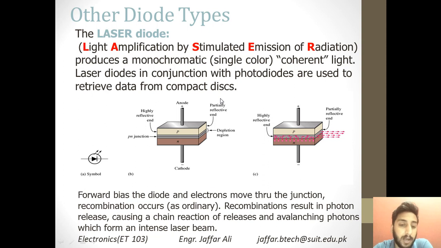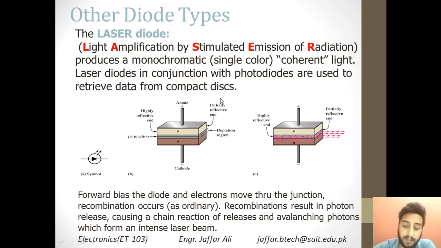Actually, if you want to increase the light intensity, you have to increase the release of the photons also, and that will cause a chain reaction of releasing photons and avalanching photons, which will form an intense laser beam. So if you want to increase the intensity of any laser, you have to increase the photon release.